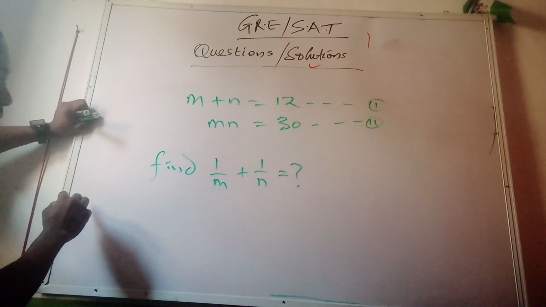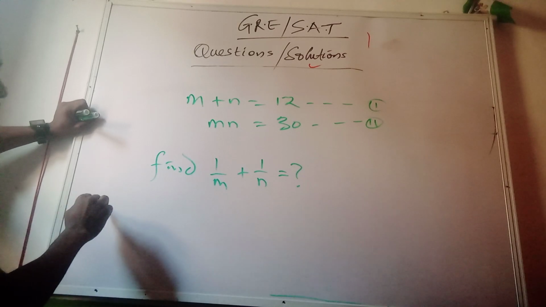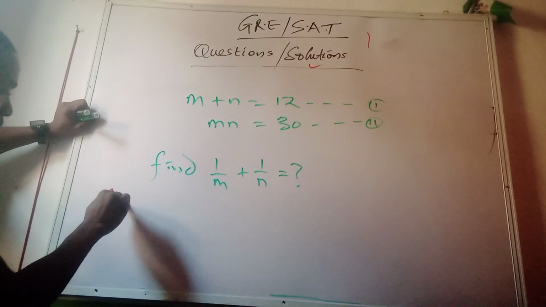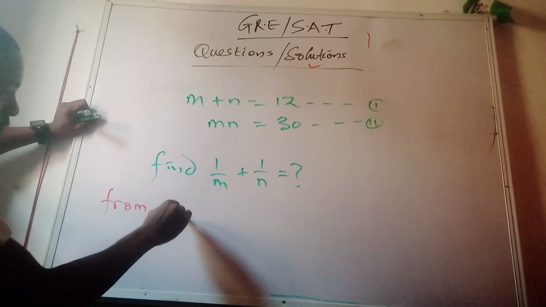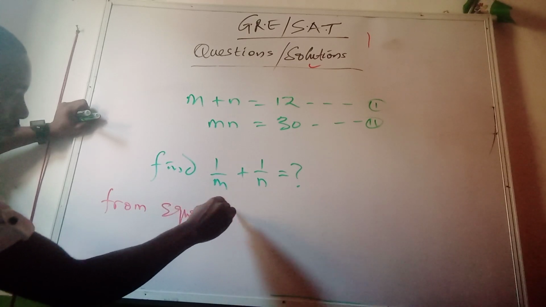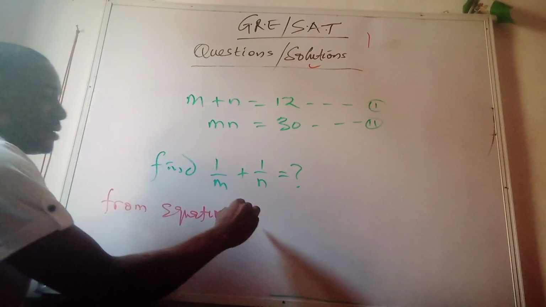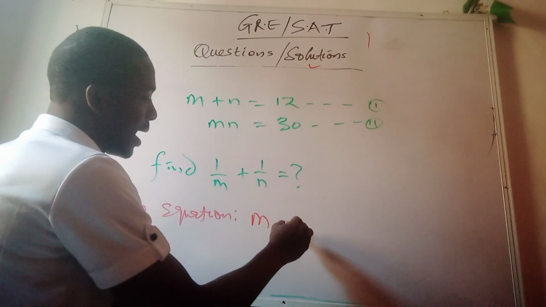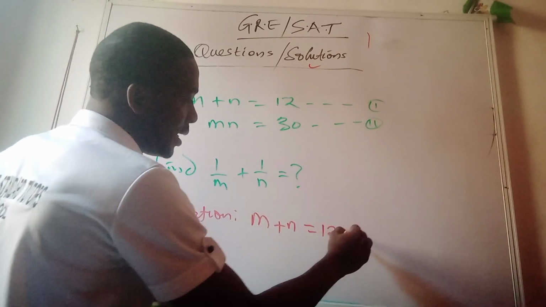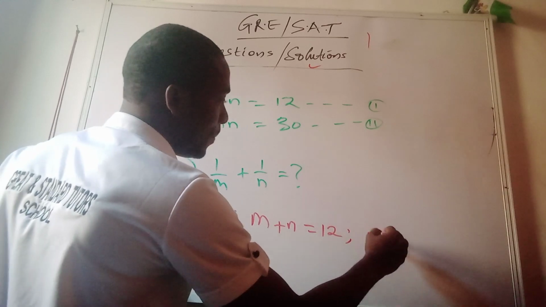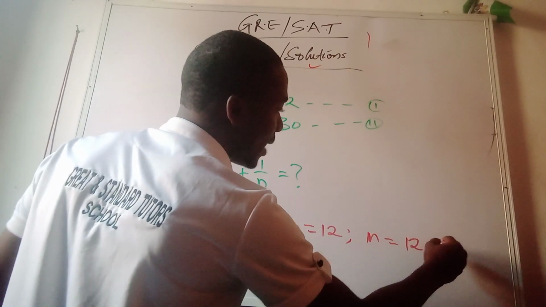From equation 1, what is it saying? It says m plus n is equal to 12. Here now, I'll have m equal to 12 minus n.